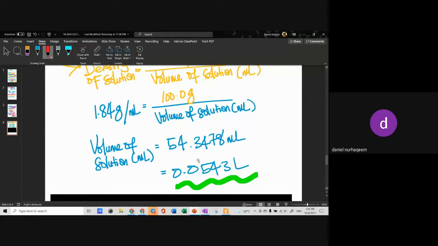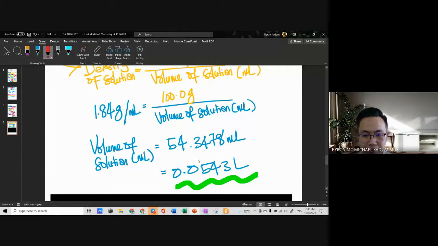Because the formula, the definition, wants one in liter, sir. Exactly. That is a common mistake students make. When they get the volume of solution in mil, they forget to change it into liter based on what the definition wants. Again, I prove my point. Definitions cannot be merely memorized.